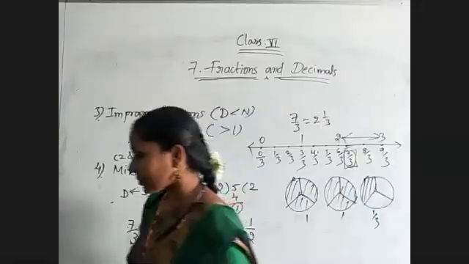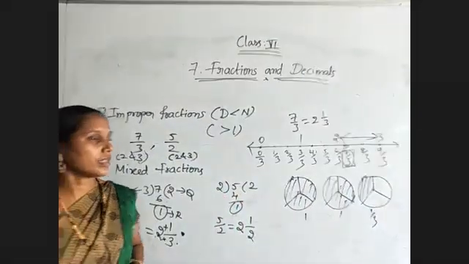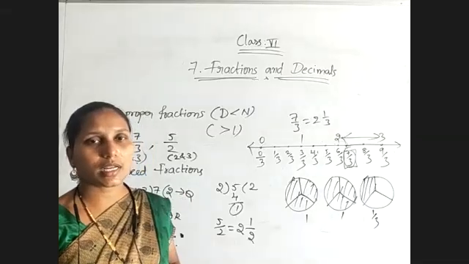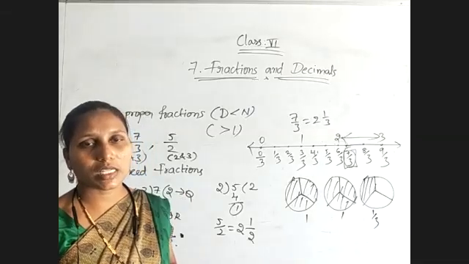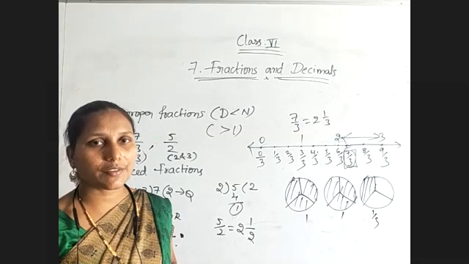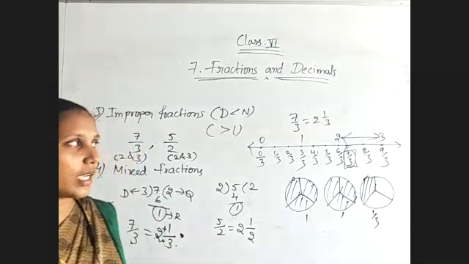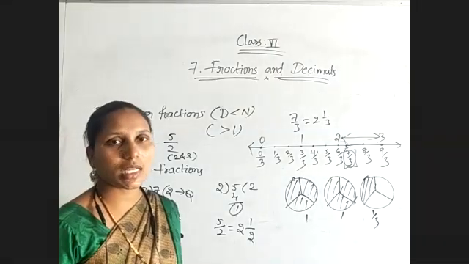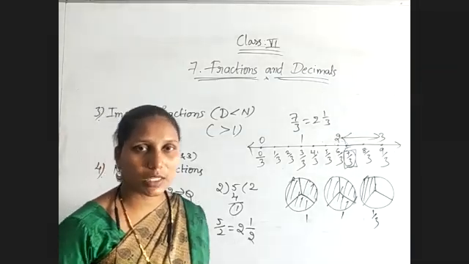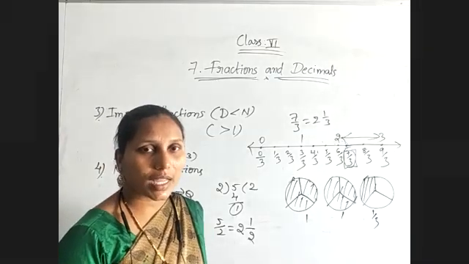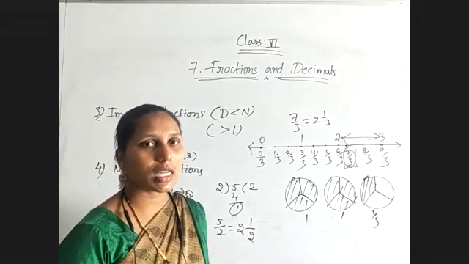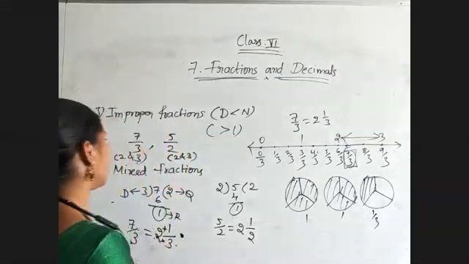Okay. And after this we have like fractions and unlike fractions. When a group of fractions is given, only then can we decide whether those are like fractions or unlike. If the group of fractions have the same denominator, they are said to be like fractions. If they have different denominators, then they are said to be unlike fractions.